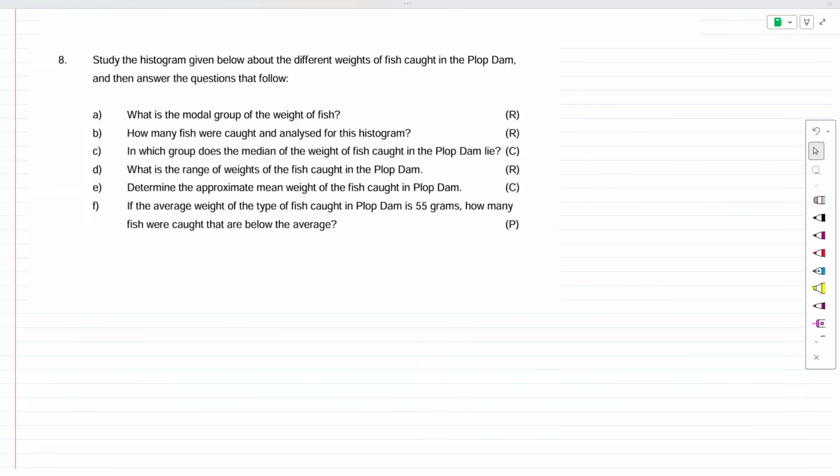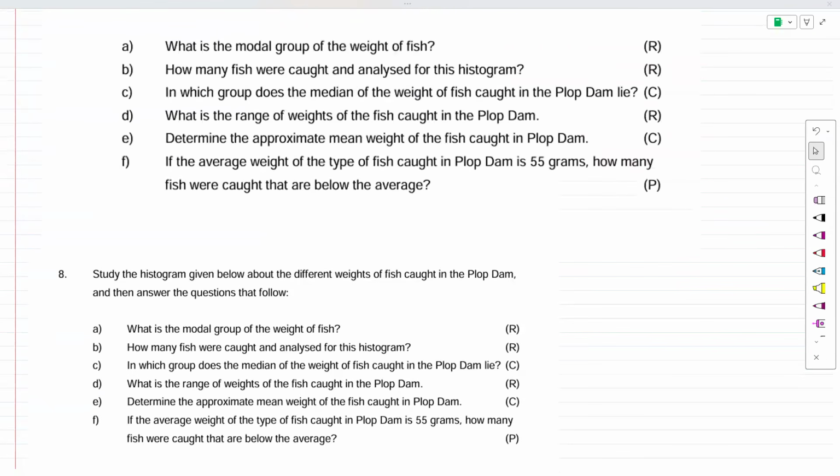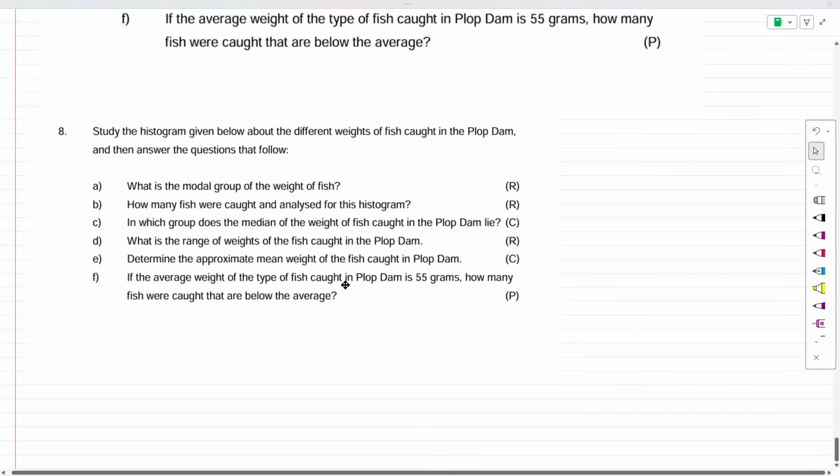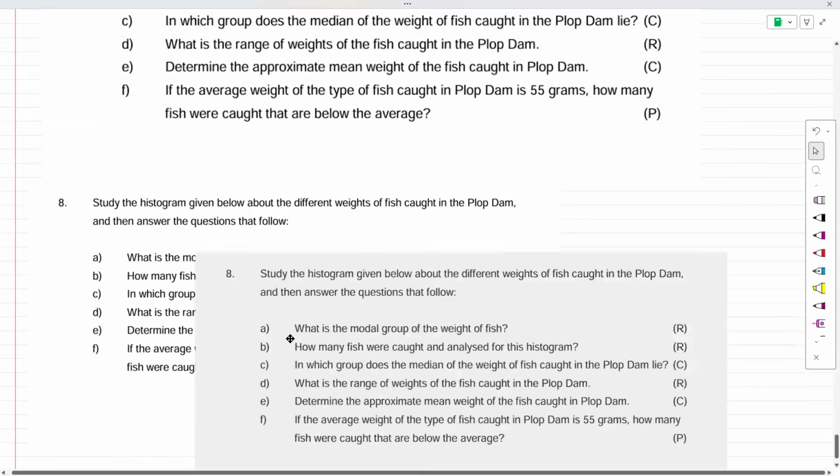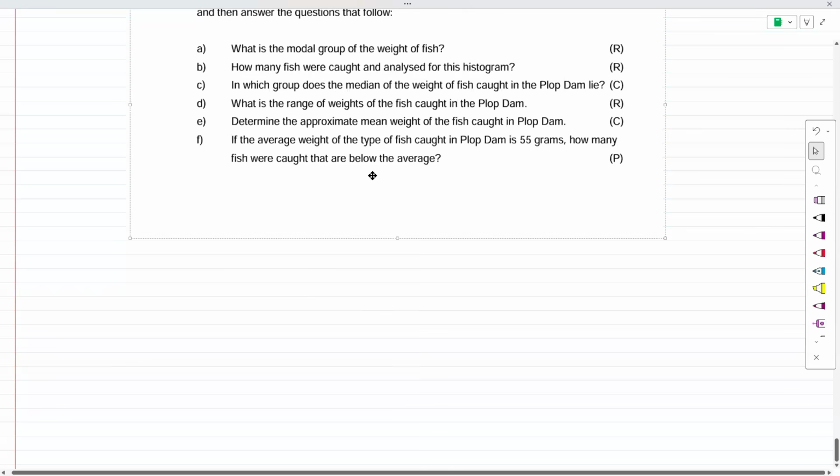Okay, guys, and the last question is quite simple. They want us to study the histogram that's given, right? The histogram below gives the weights of fish caught.